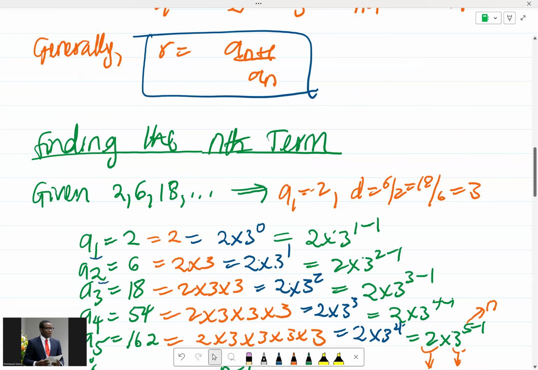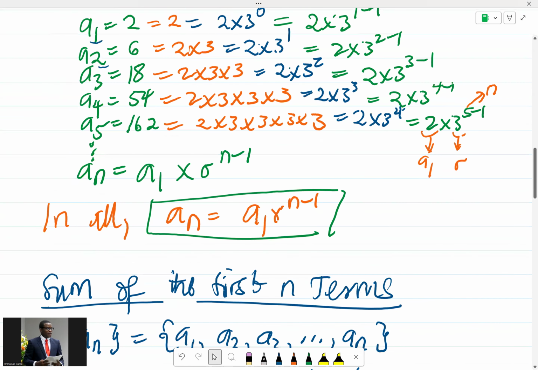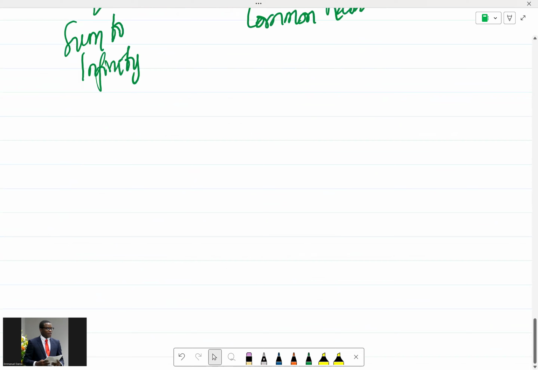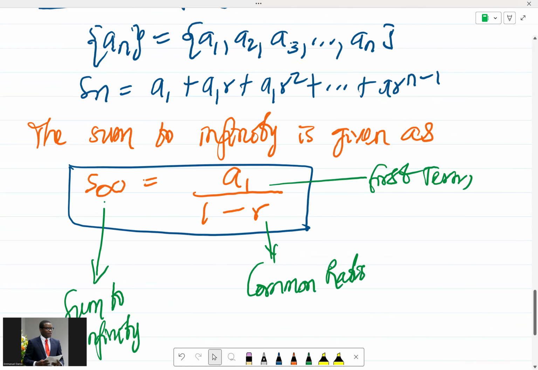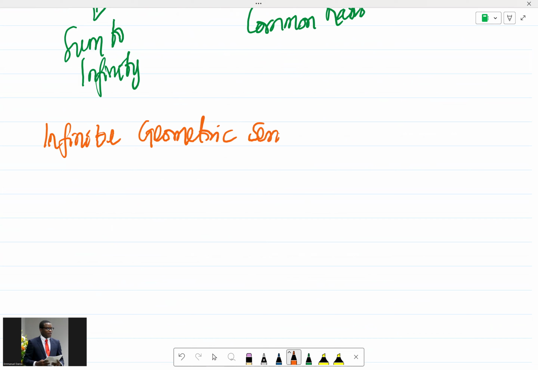So we now want to talk about infinite geometric series and convergence. That's closely related with what we just did.